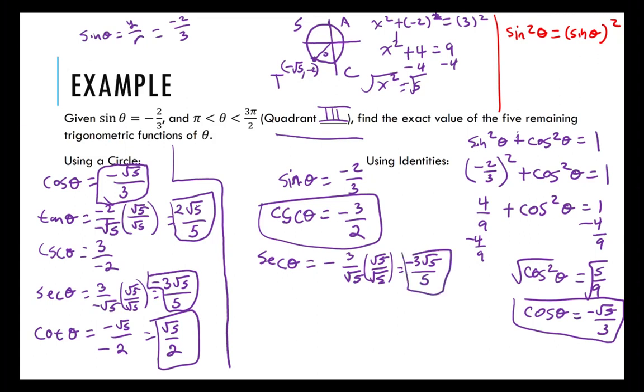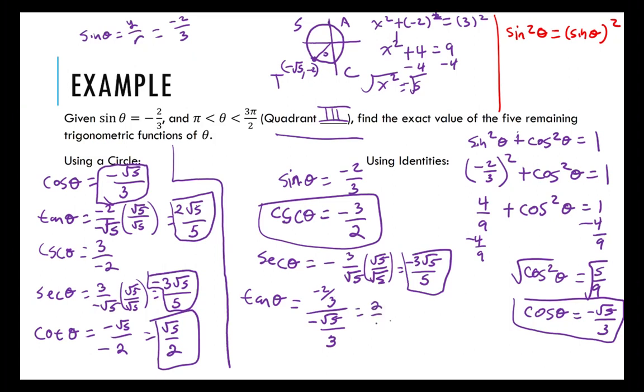And then we can find tangent and cotangent by using the quotient identity. So tangent of theta is really sine of theta over cosine of theta, so that's negative 2 over 3 divided by negative root 5 over 3. Fraction division is fraction multiplication. Negative divided by negative is positive.